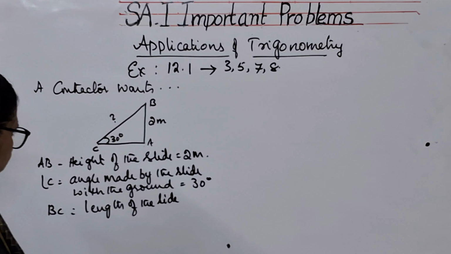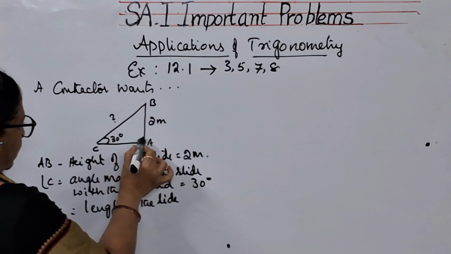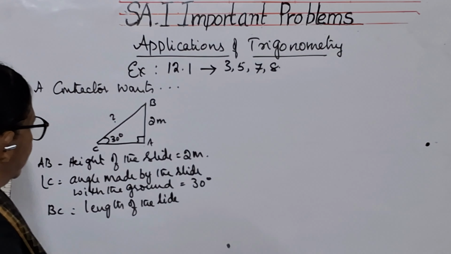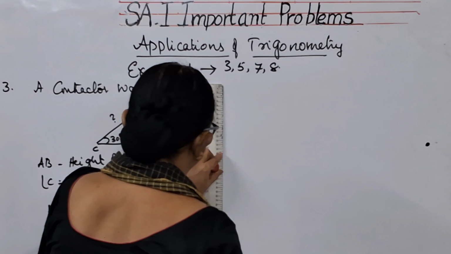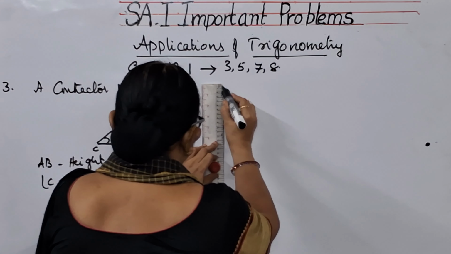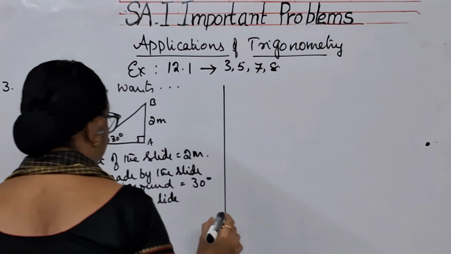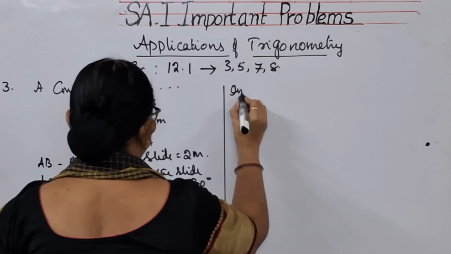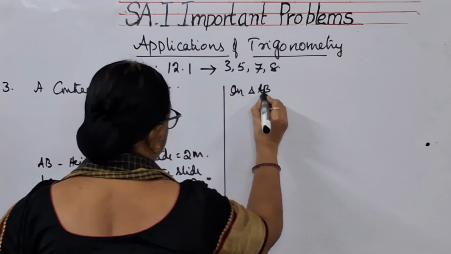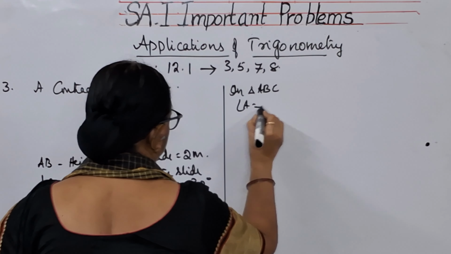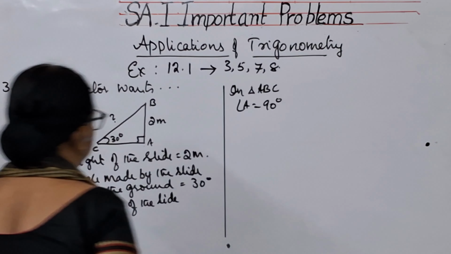So how will you do this sum? You have got a right angle triangle, always the slide stands perpendicular, no? So here let us talk about this. In triangle ABC, angle A is equal to 90 degrees.